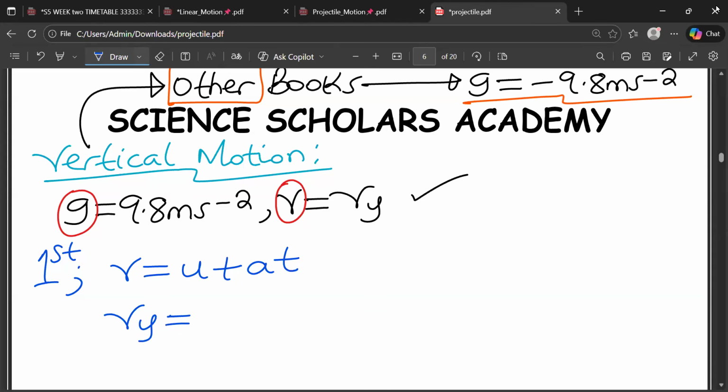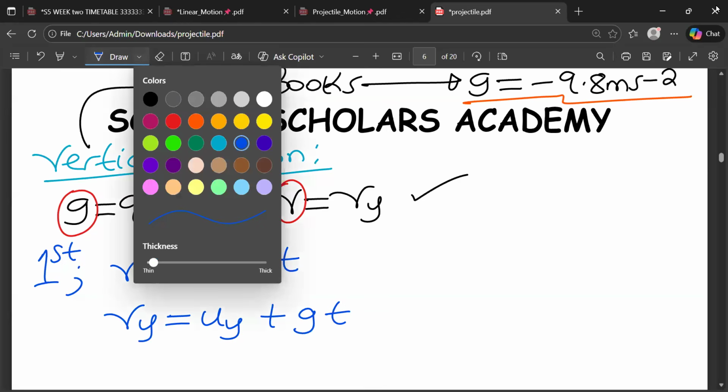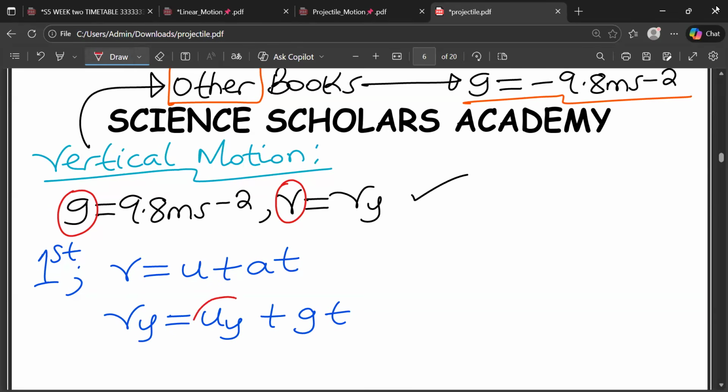Remember, we are talking of strictly vertical motion. Then this one, you call it uy plus acceleration, which you very well know is g, and the time taken. But I don't know if people recall that initially we didn't have any component of vertical velocity. You told me it was okay.